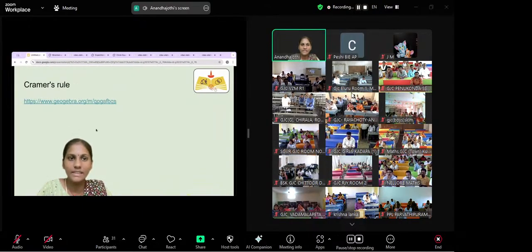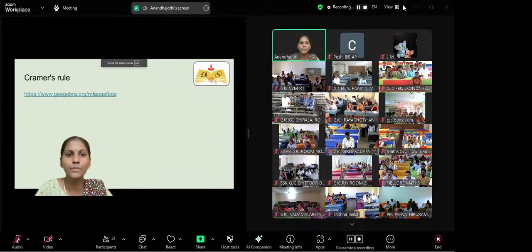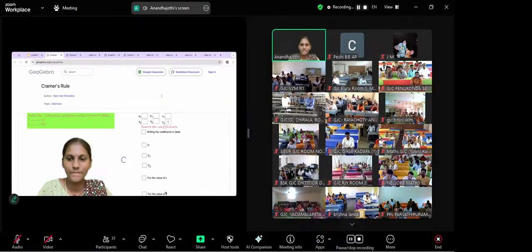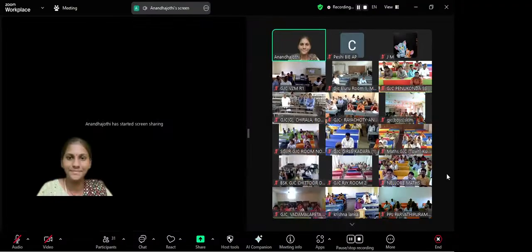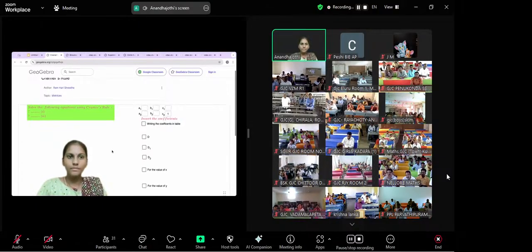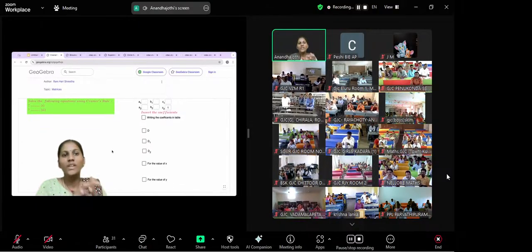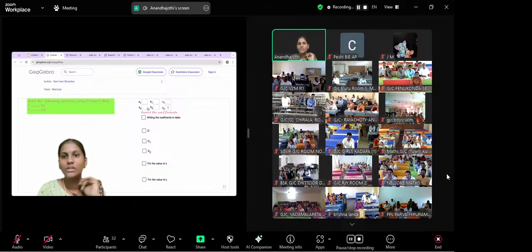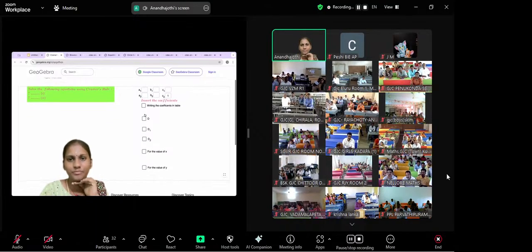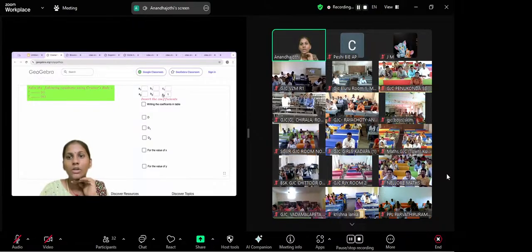And the next thing is Cramer's rule. So Cramer's rule is used to solve the equations easily. So here we are provided with 2 things.